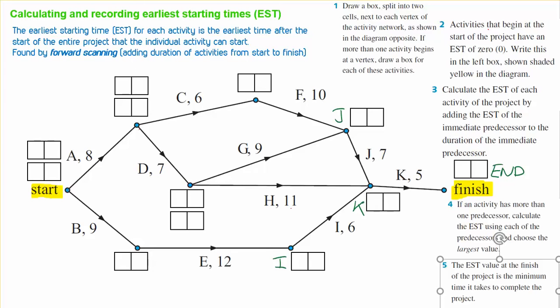The first one tells us to draw a box, split it into 2 next to each of the vertexes in the network, and then we actually put 2 when there are 2 edges leaving from a particular vertex. So if you think of the first vertex here, the start, we can see that A and B both leave, so we put A and B both here.